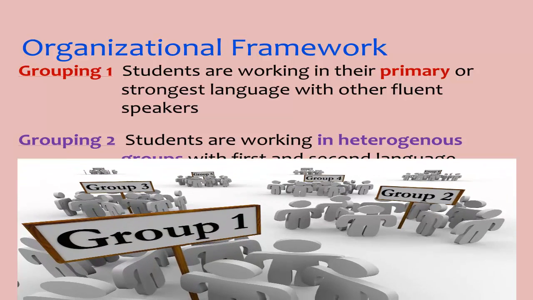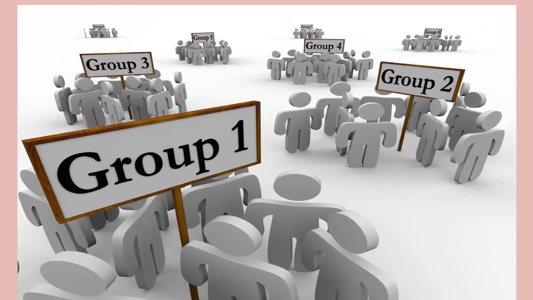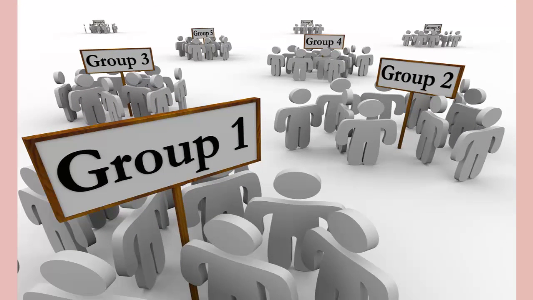What is the best grouping? In a linguistically diverse school, no one grouping is best. Each offers part of what bilingual learners need in order to become academically proficient. Each is necessary for success, because what can be accomplished in each grouping differs.